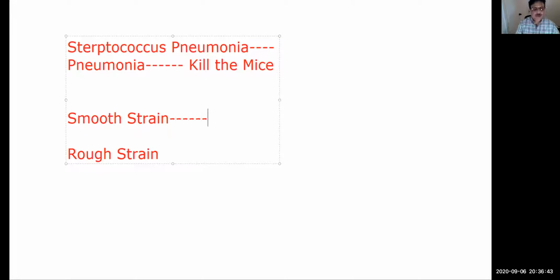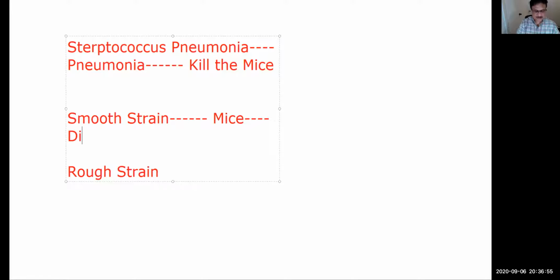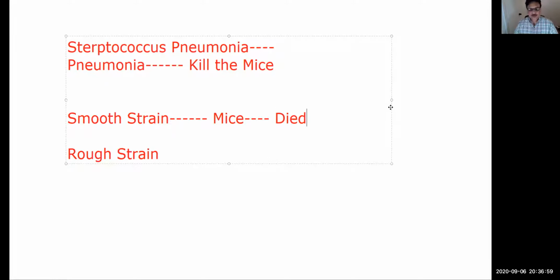When he took the smooth Streptococcus pneumoniae bacteria and injected it into the mice, the mice died. So it's a clear case that the bacterial strain was injected, and the mice died, meaning it caused a disease.